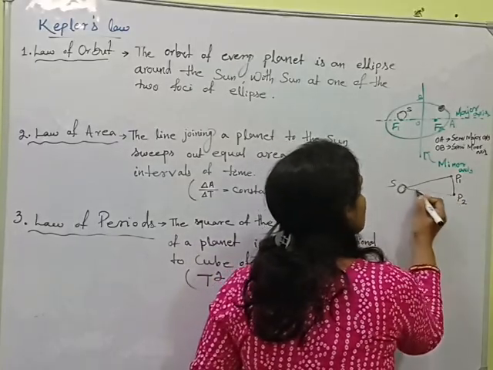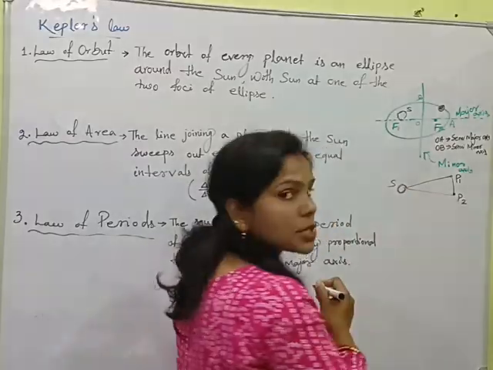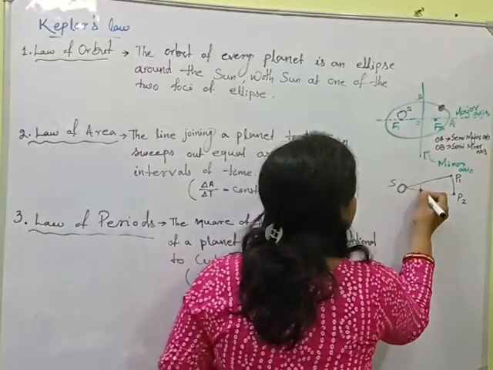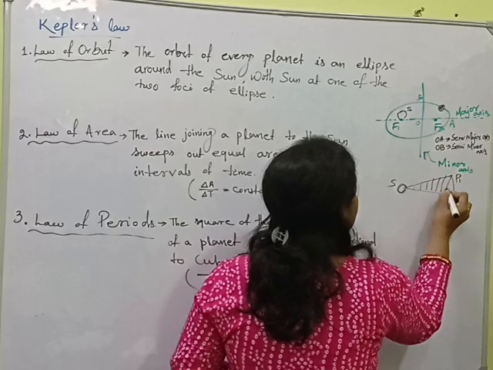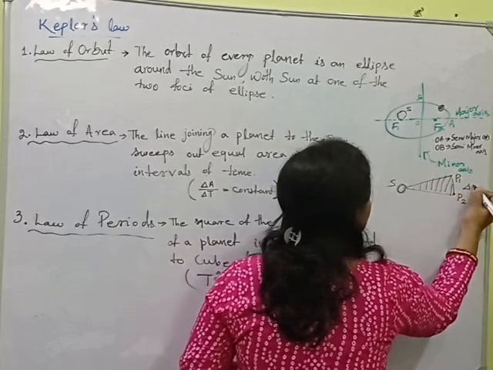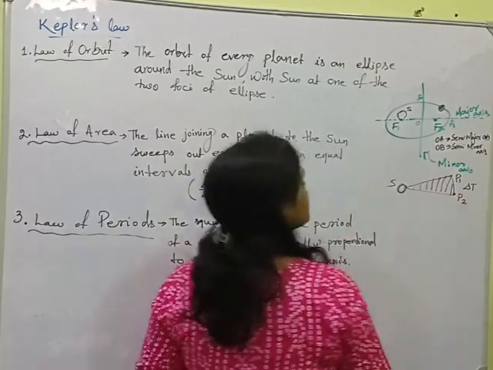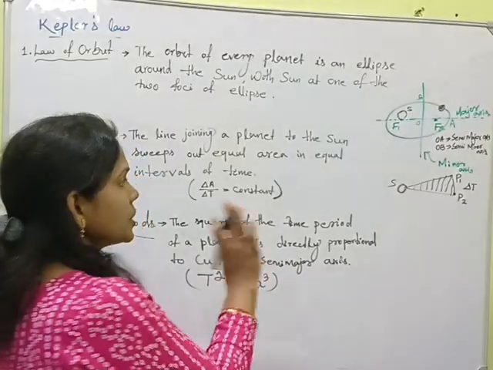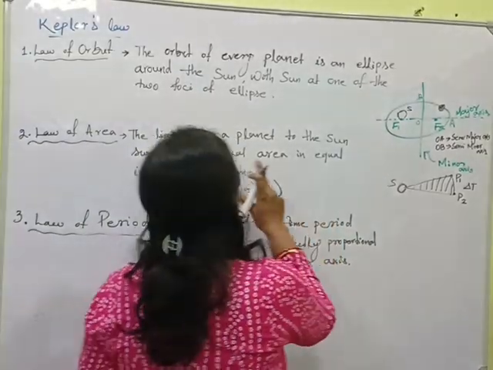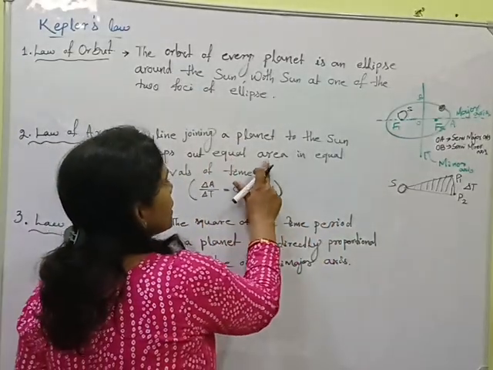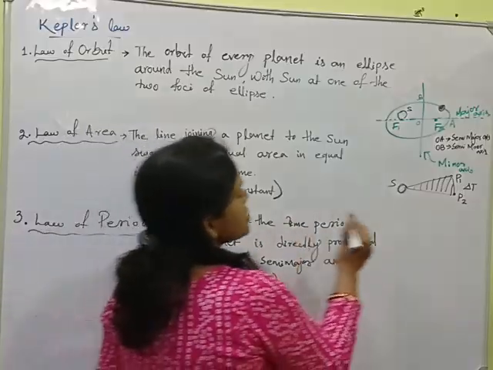This is the area covered with respect to the Sun in a particular time, let's say delta t. Delta t is the time taken for this particular area, so it sweeps out equal areas in equal intervals of time.